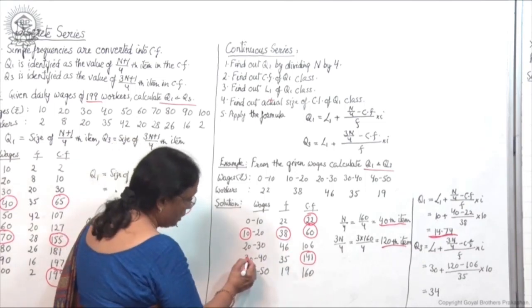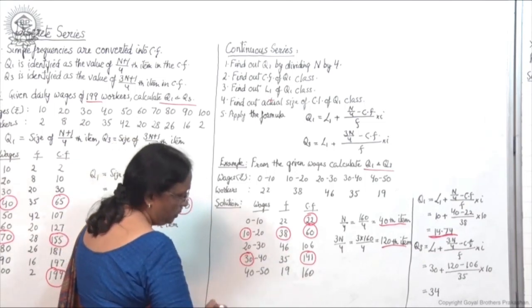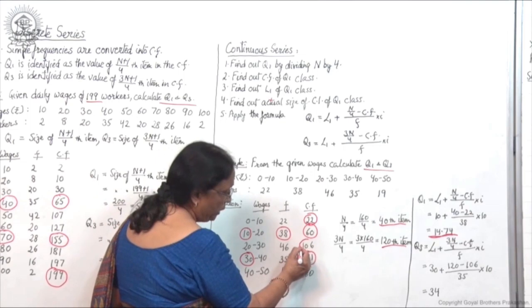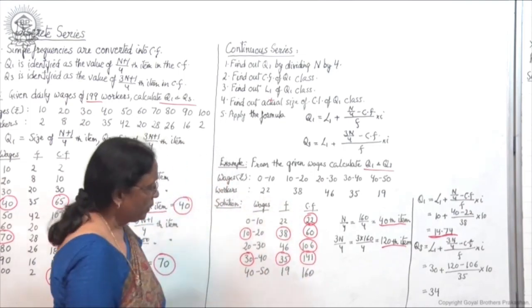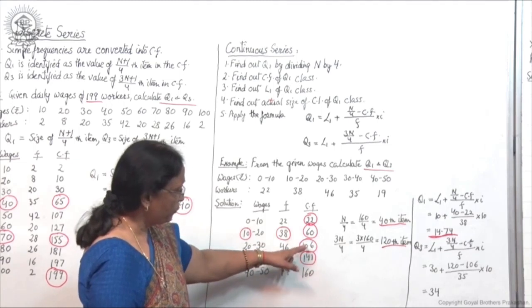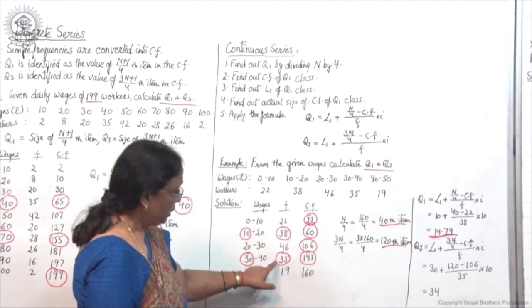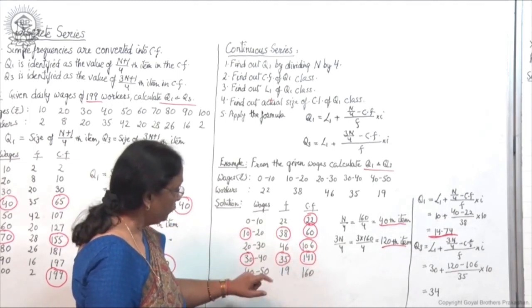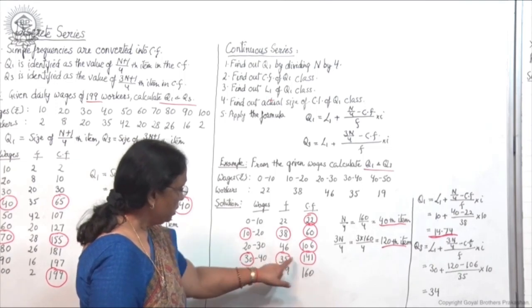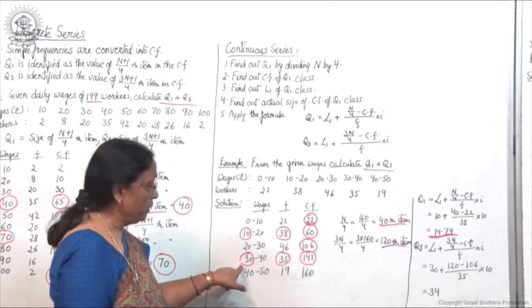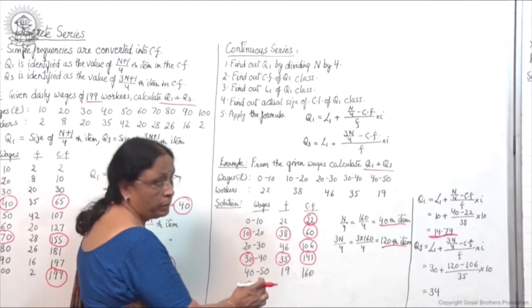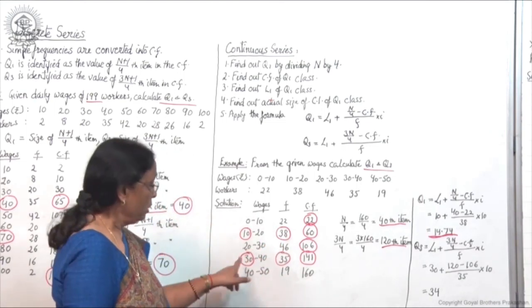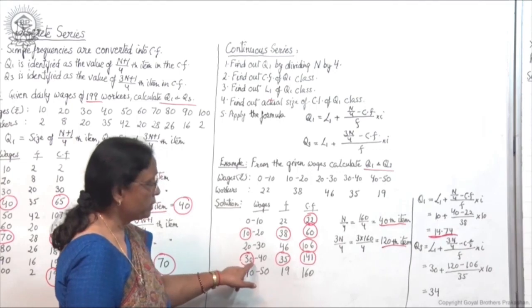In front of this is L1, this is CF and this is f. CF is the preceding frequency, just one above it. f is the frequency in front of this. L1 is the lower limit of the class interval in front of this, and I is the gap, the interval of this class, that is 10.